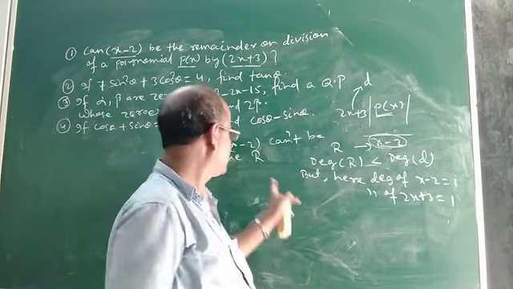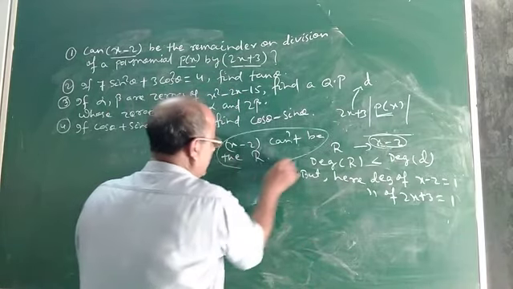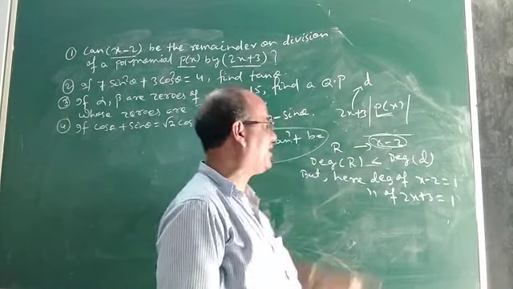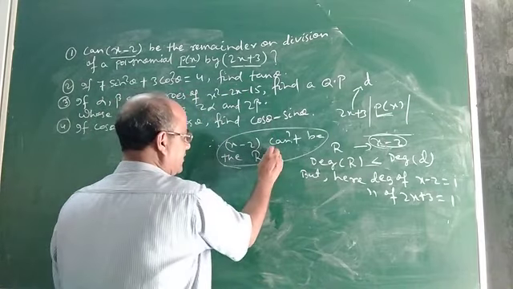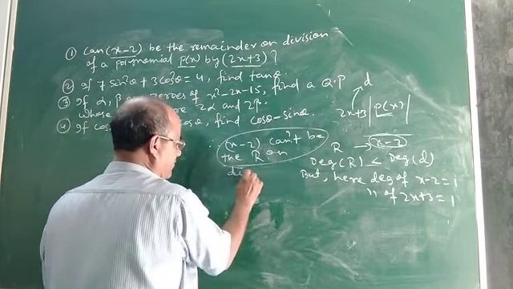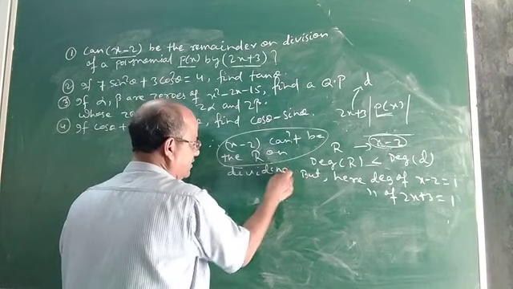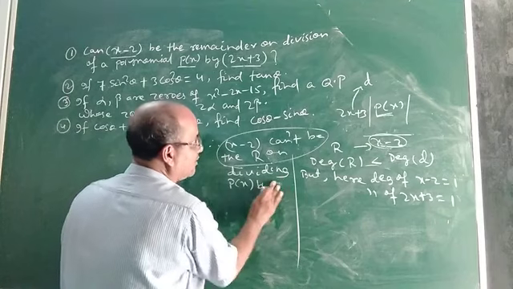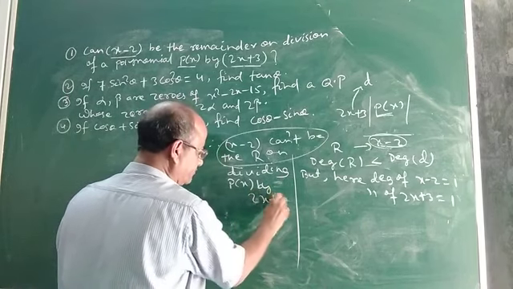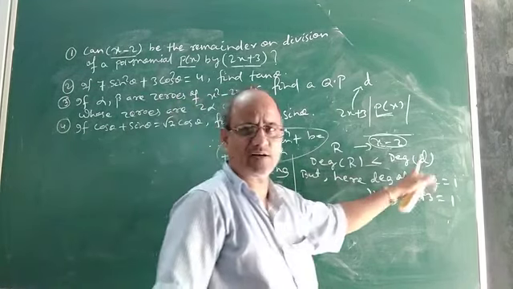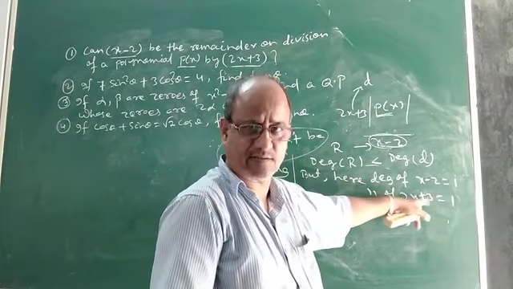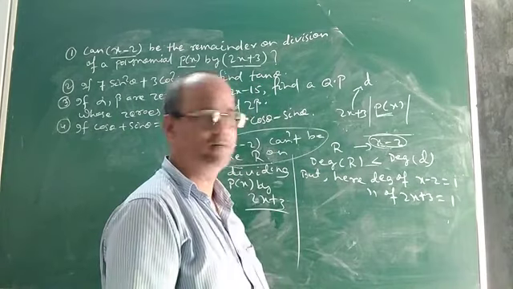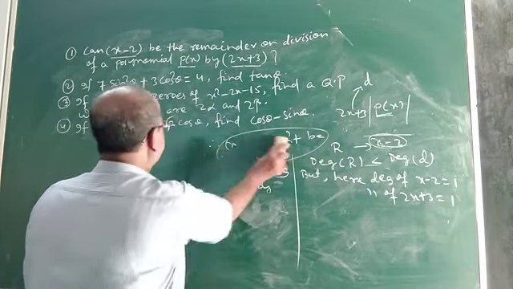This is the answer. Because in this case the degrees of the remainder and divisor are the same, that is 1 each, x minus 2 cannot be the remainder.